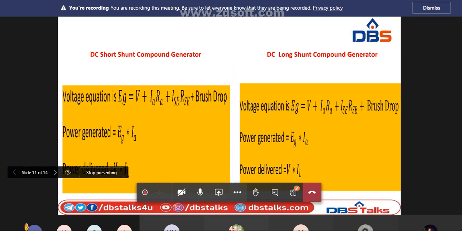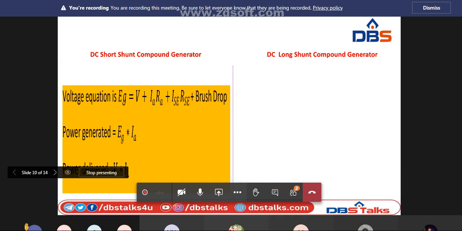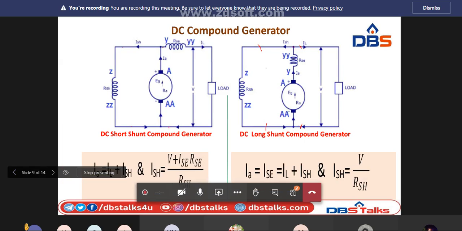Just look at the long shunt diagram. So this is the long shunt diagram, right? For this problem you have to draw this diagram.